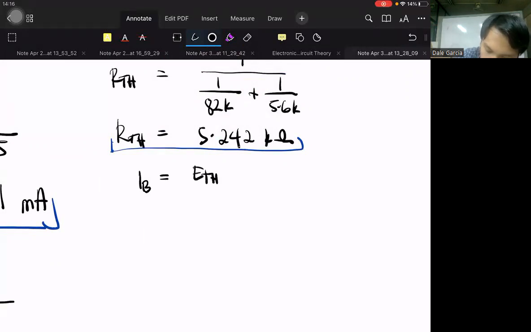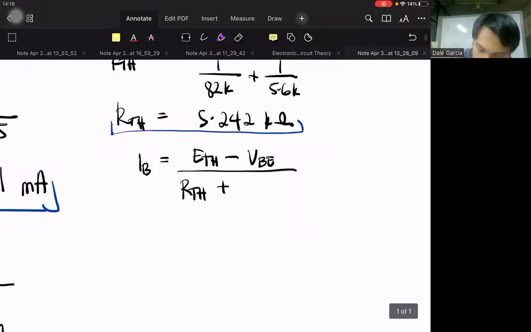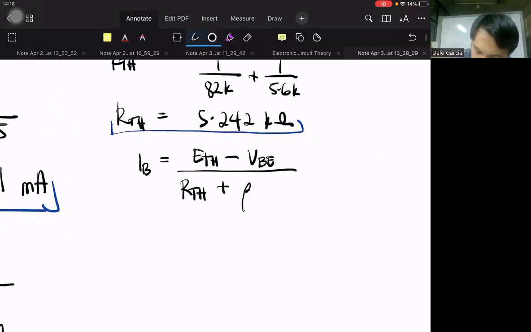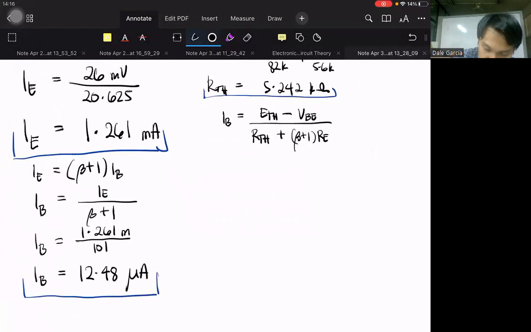IB is ETH minus VBE all over RTH plus beta plus 1 RE. One equation, one unknown. No? Shift solve.